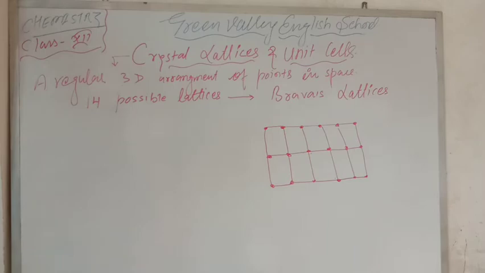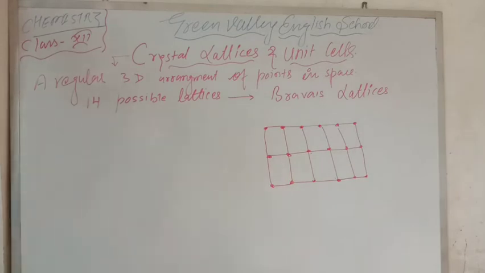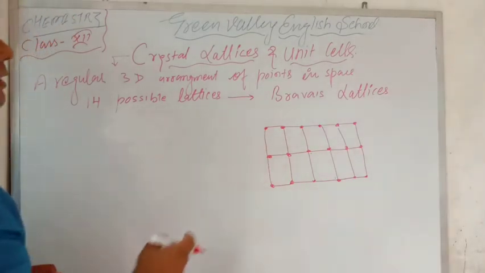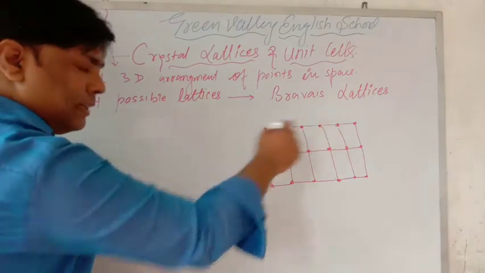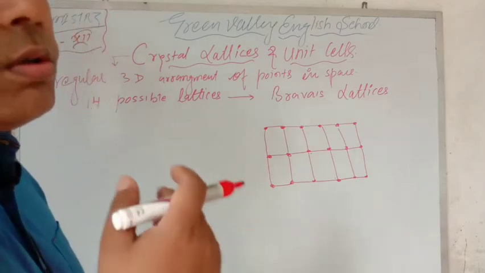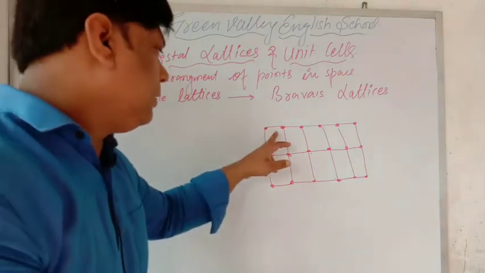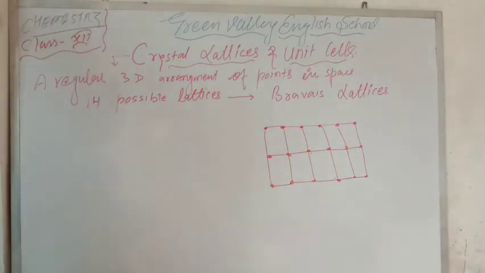Third, each point in this structure is called a lattice point. These may be atoms, molecules or ions, and they are joined by straight lines for the sake of their geometry.